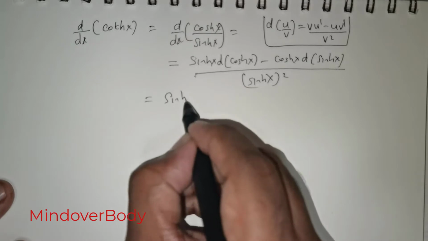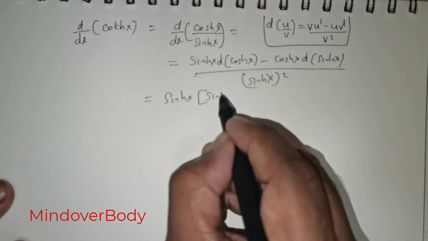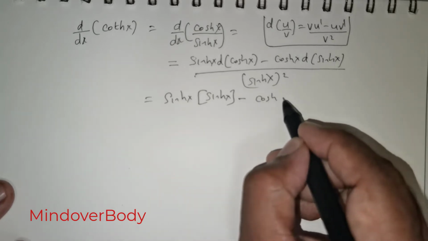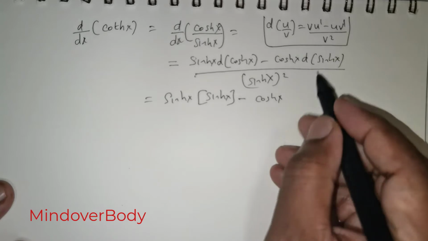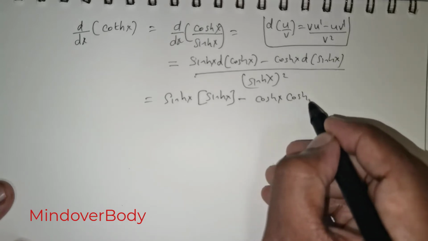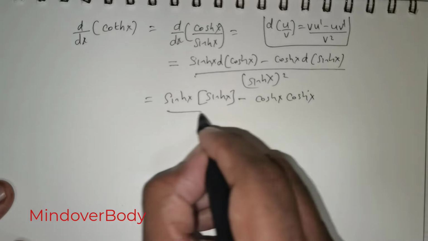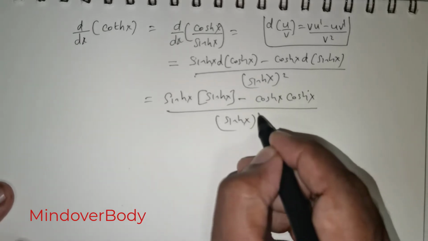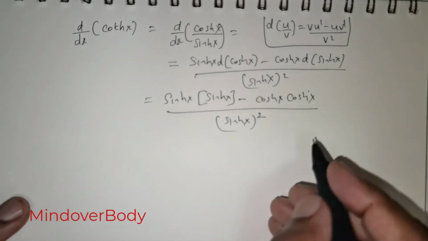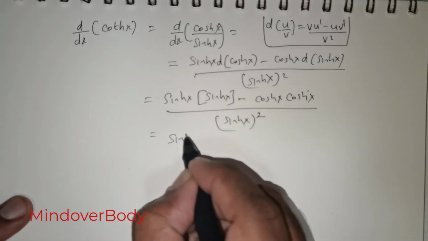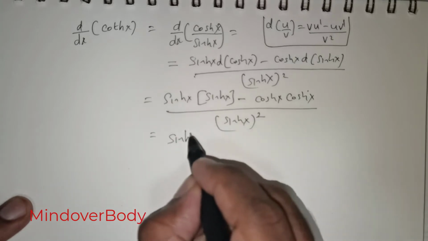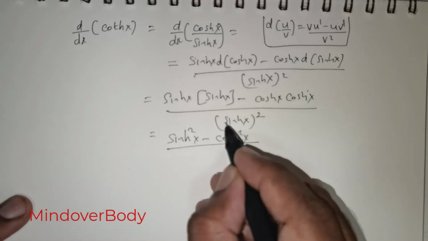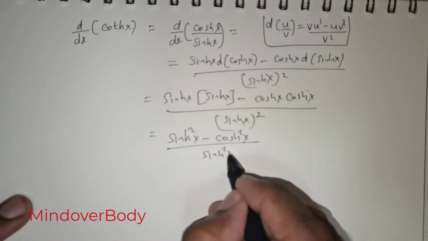The differential of cosh x is sinh x, and the differential of sinh x is cosh x. Now I can further rewrite it: sinh x times sinh x is sinh squared x, cosh x times cosh x is cosh squared x, and sinh x raised to the power of 2 is sinh squared x.